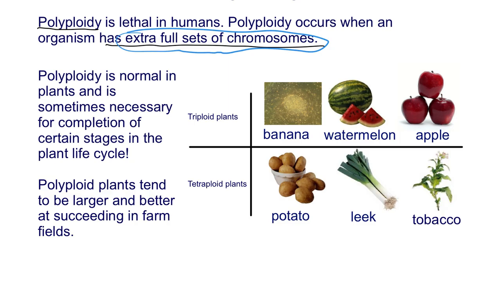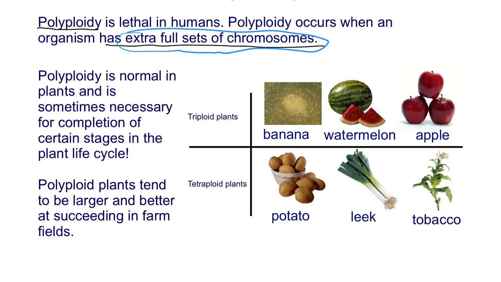This would produce polyploidy. Or what if a diploid cell fused with an egg or sperm cell that only got through the first stage of meiosis? Then that could happen too. You could get a polyploid cell.